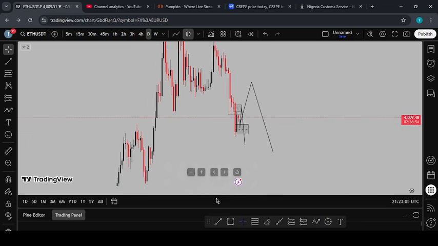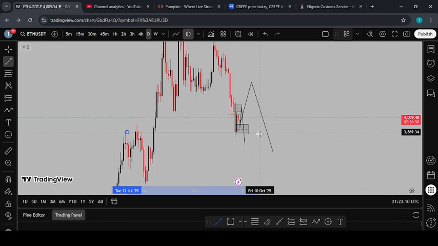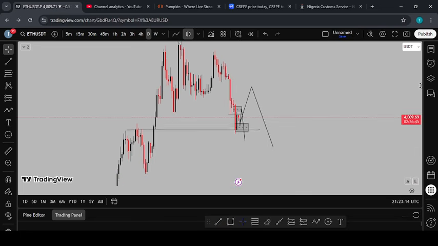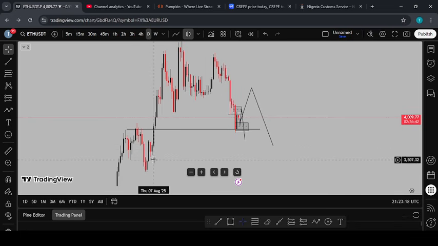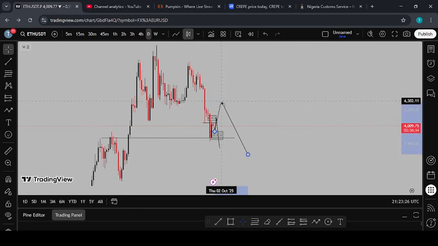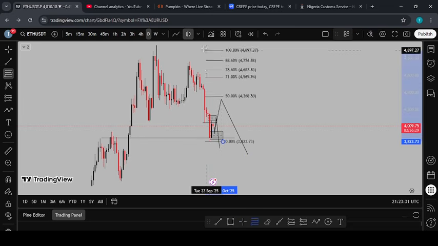Of course, the market has tapped into a good level of demand that is likely to create, and this is a good breaker, right? It should create an impulsive momentum for a pullback to say the 50% region at least.